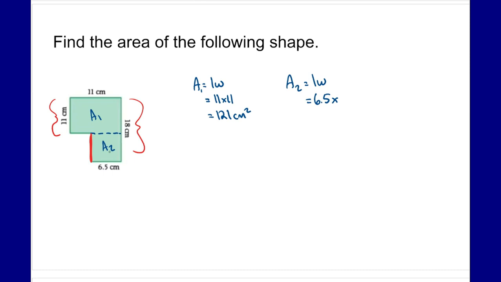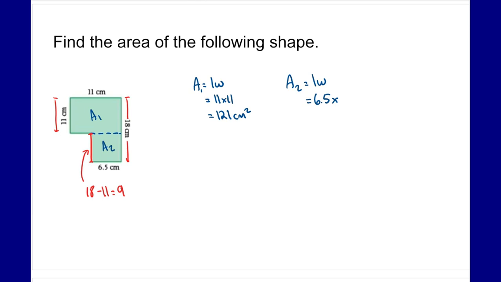So the difference between 18 and 11 will be our side length down here. 18 is from here to here, and 11 is from here to here, and this portion, which we can see over here, is going to be 18 minus 11, which is 9. So that side length is 9.